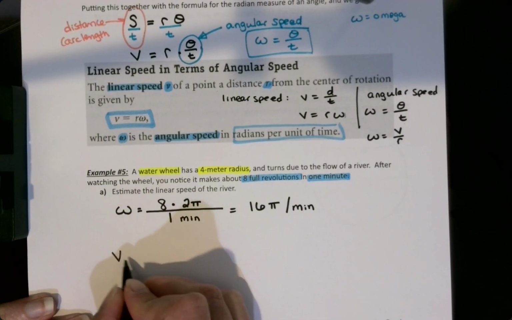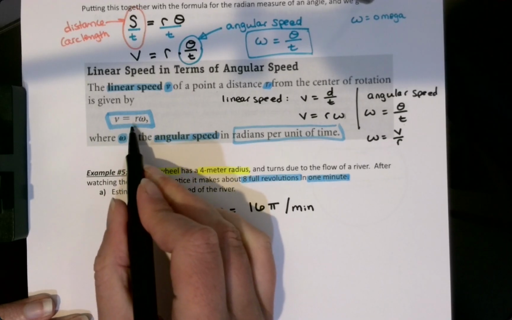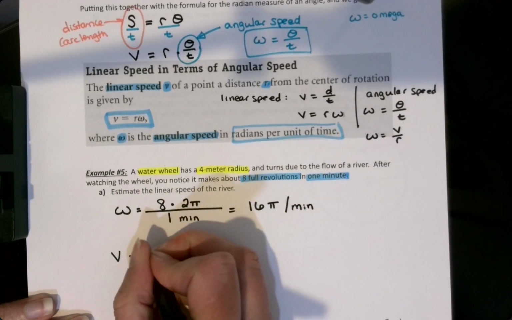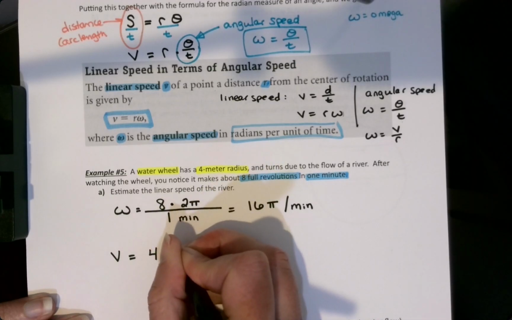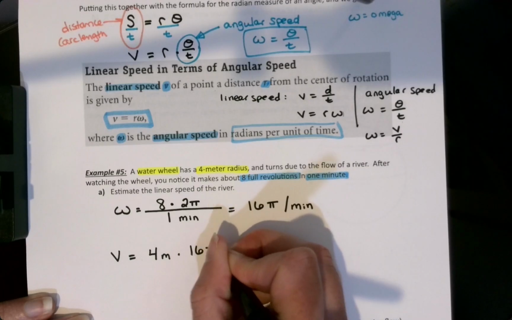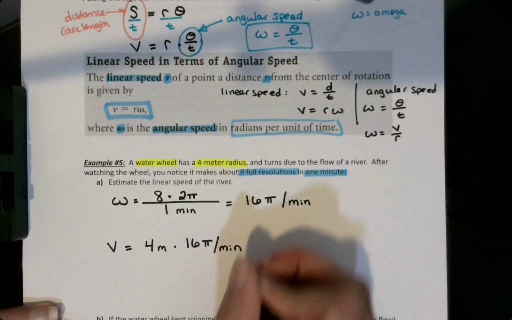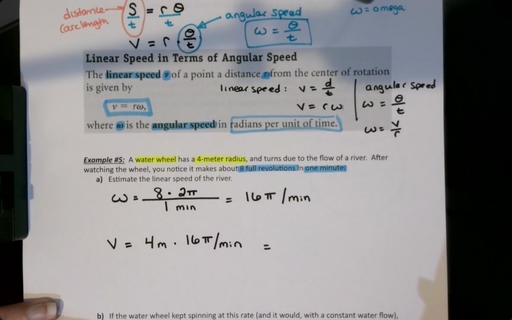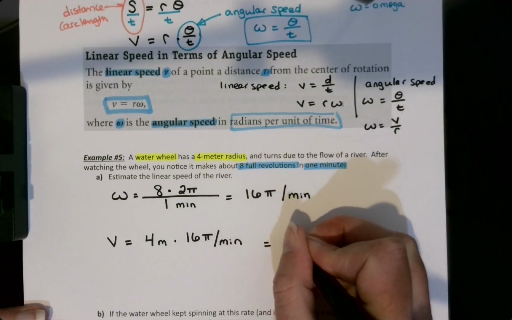So the linear speed is going to be equal to the radius times the angular speed. We've got a 4-meter radius times 16 pi radians per minute in angular speed. And that's going to come out as 4 times 16 is 64.